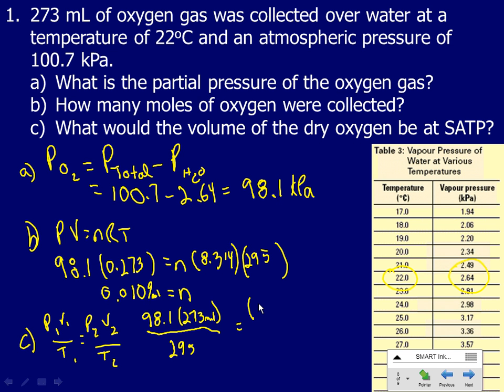Yep. 100 kilopascals. We're looking for the dry volume, V2. That's what we're solving for. What's standard ambient temperature? That's the laboratory conditions. 25, right? Because very rarely do we keep the laboratory at 0 degrees Celsius. And I need it in Kelvin.